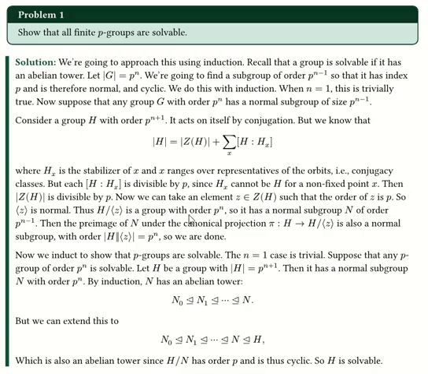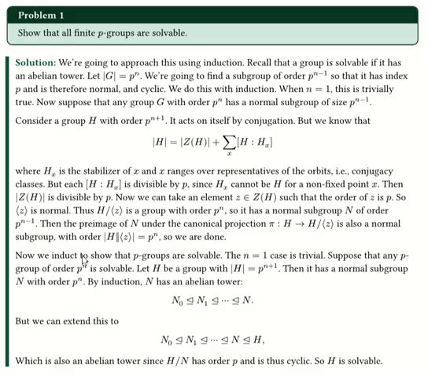But now by induction, it has a normal subgroup N of order p^(n-1). Now if we take the preimage of this normal subgroup N, we're going to get another normal subgroup with order the order of N times the order of z, which is going to be p^n. So now we found a normal subgroup of H with the desired size, so we're done with this first induction.